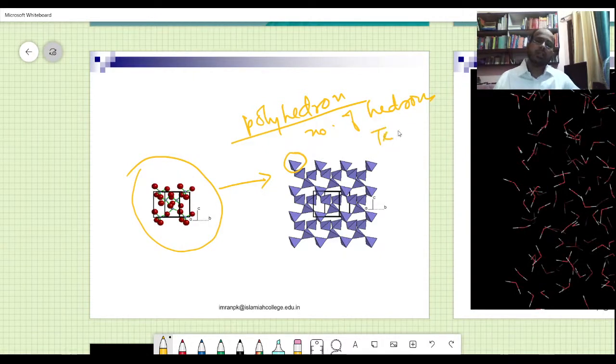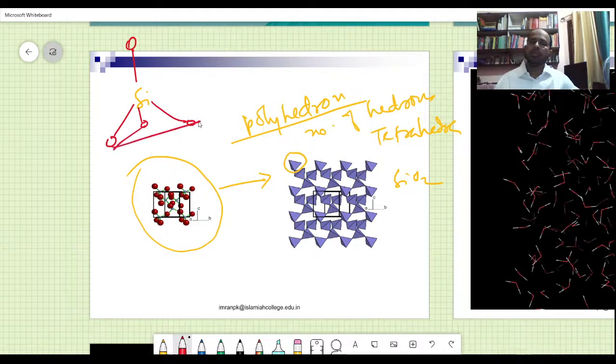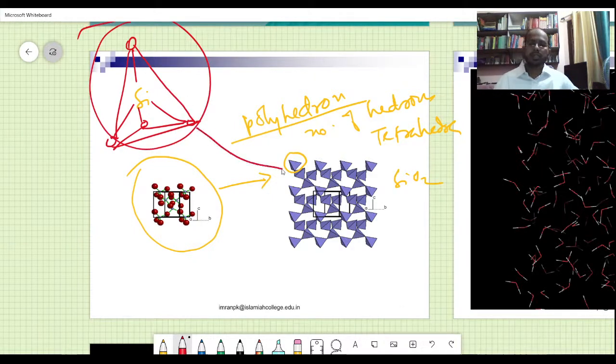Particularly here you have a tetrahedron. SiO2 will have tetrahedra. Si at the center, O here, another O at the back, another O here. You join them together, you get a polyhedron. Okay, this entire unit is this one.